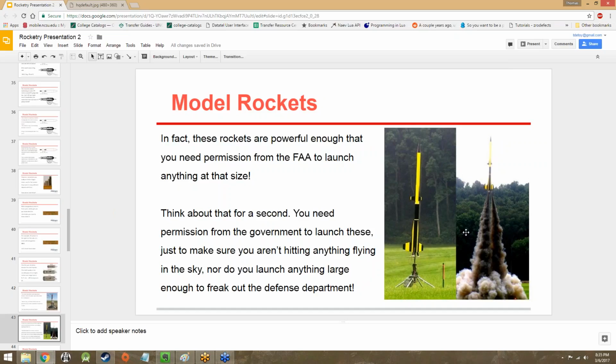Depending upon the size and how high it goes, it can make the national air defense very unhappy. You need to let the FAA know if you're launching something that size, basically.